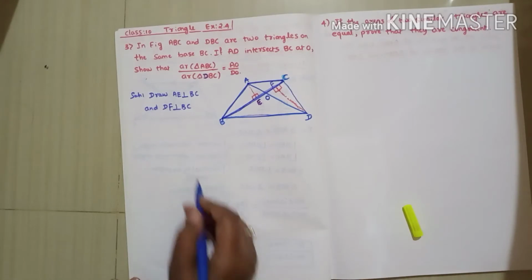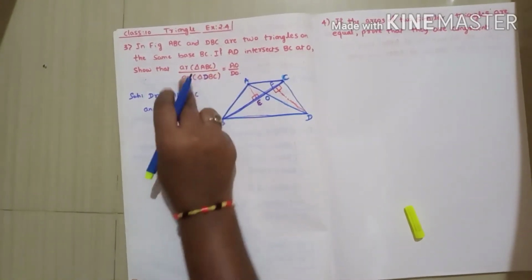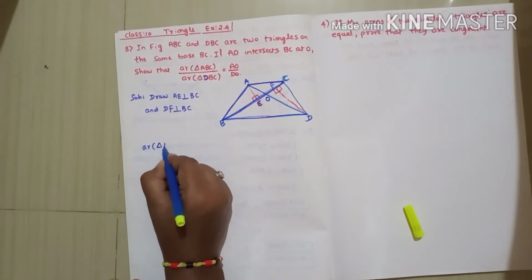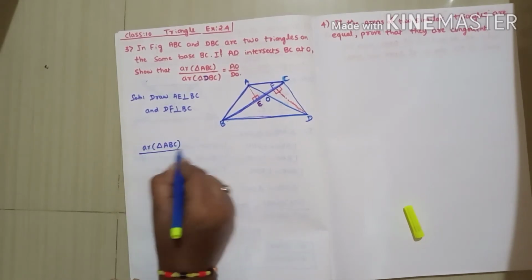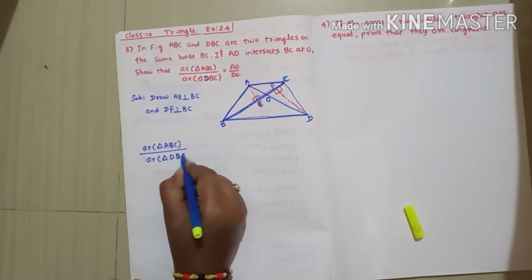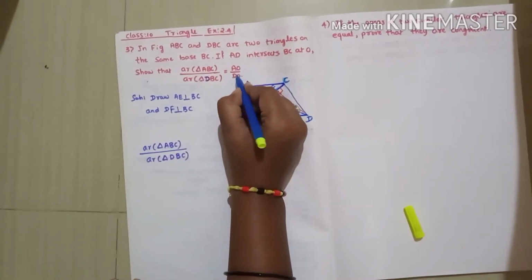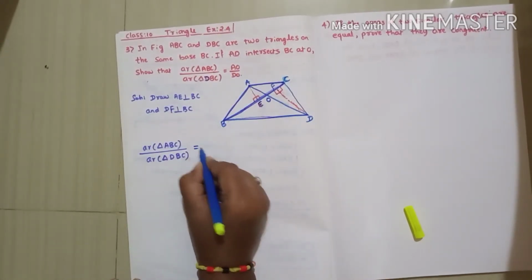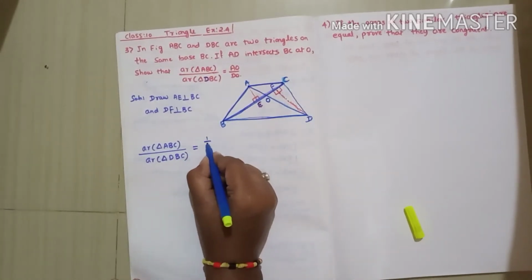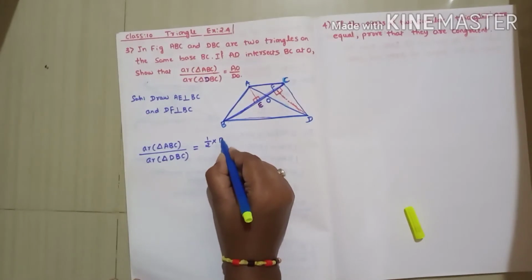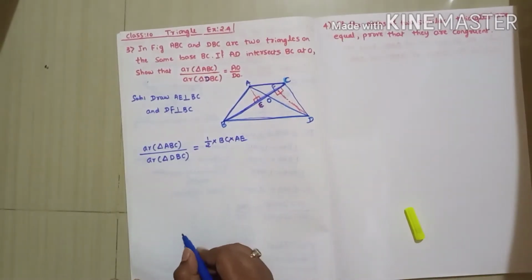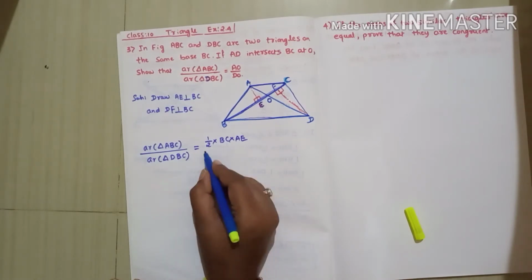So now we will write. We want to prove this result, so we will write it in the form of a ratio. Area of triangle ABC divided by area of triangle DBC, this one I consider, and we have to prove it is equal to AO by DO. We know the area of triangle ABC is half into base BC into height AE. We know the area of a triangle formula is half into base into height.